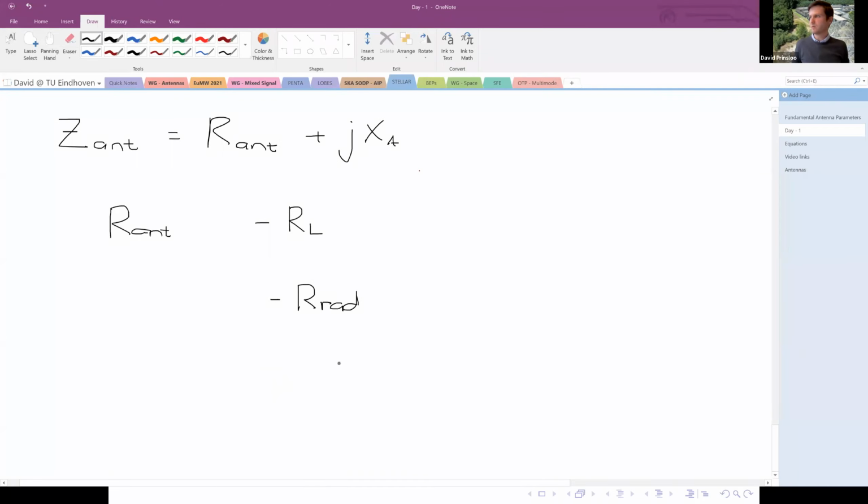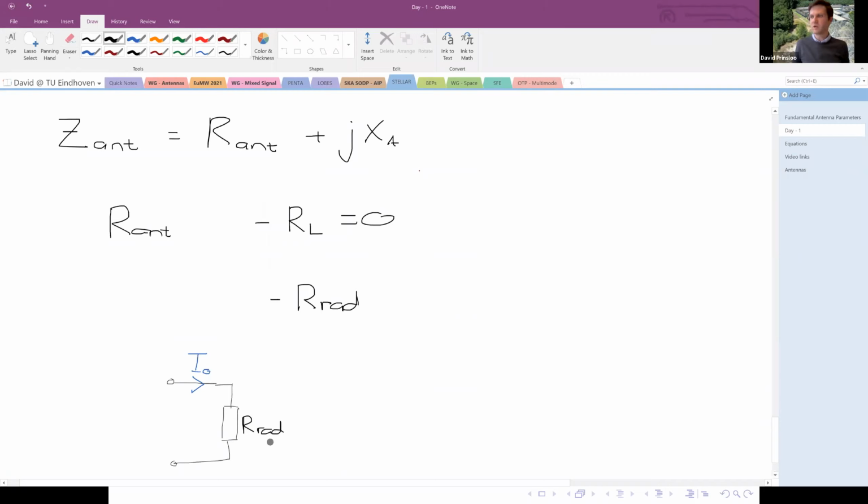So if we have an antenna element that we've now just modeled as a resistance, and we've got a certain current flowing through it. Let's just assume that this antenna is lossless, so R loss is 0. So all we have here is R rad. This is the total real part of the antenna, R rad. We've now seen how we can solve the total radiated power of an antenna. Or let's backtrack a little bit.